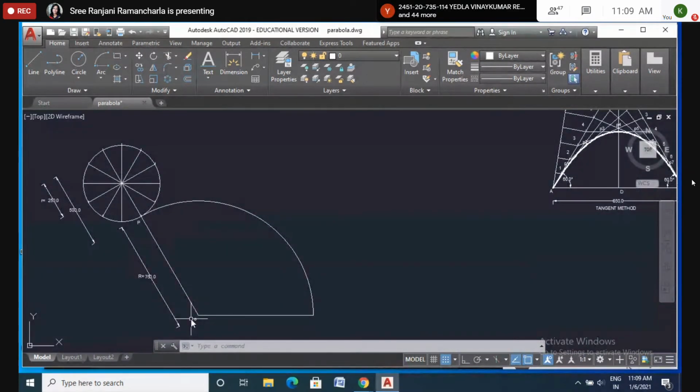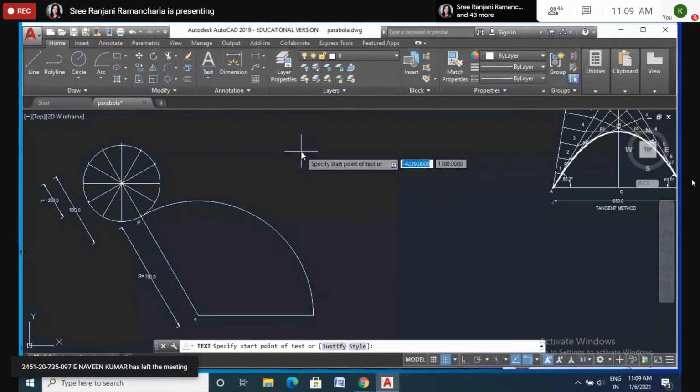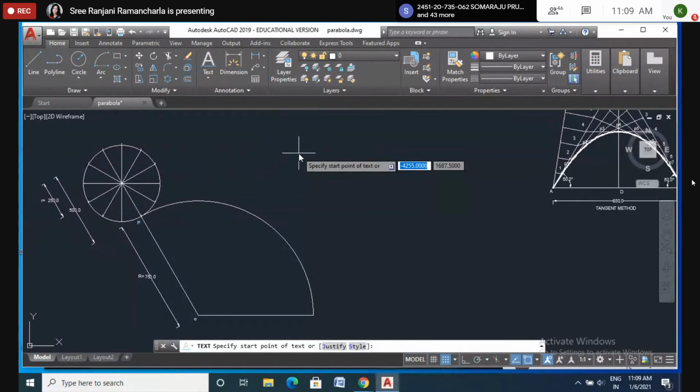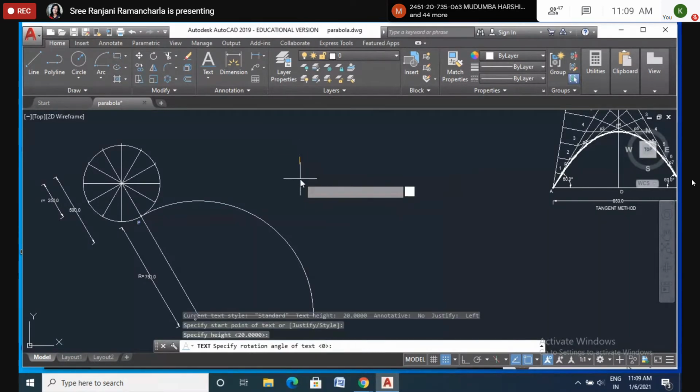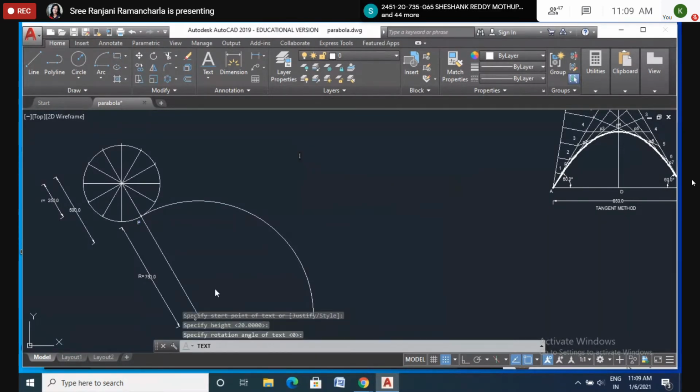Now how did you get this angle? Let us say this is alpha. Alpha equals small r by capital R into 360. Small r is 250. Let us take this as alpha.